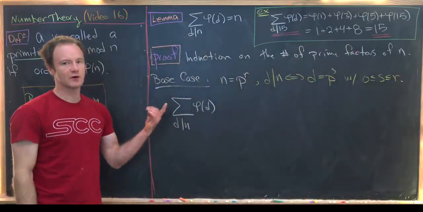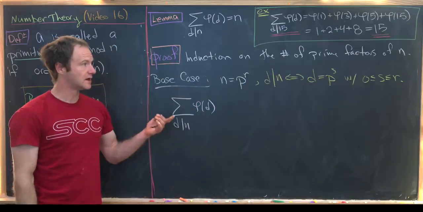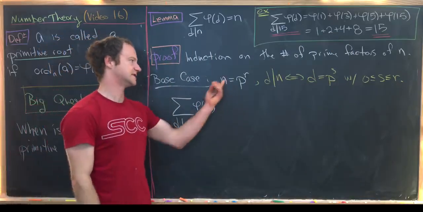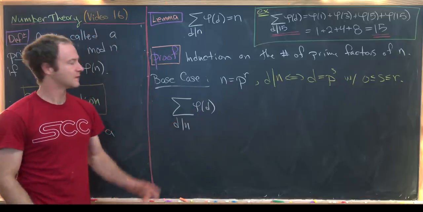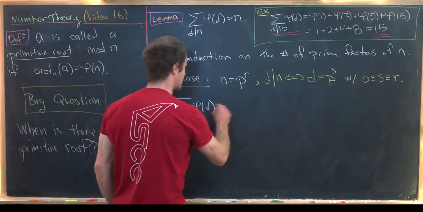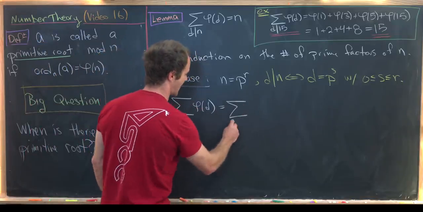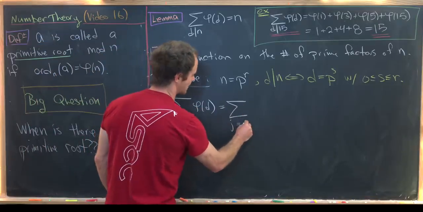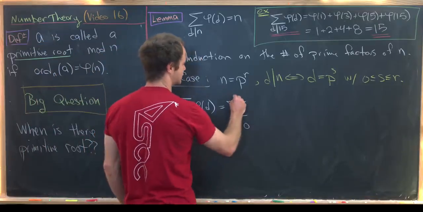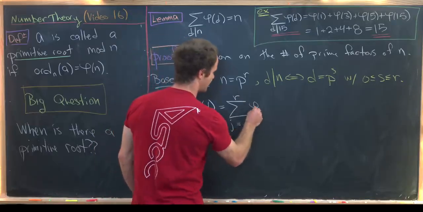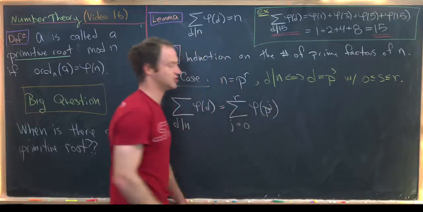If it's equal to 0, that's the divisor 1. If it's equal to r, that's the divisor which is the whole thing. Okay, but that means we can rewrite this as a sum as j goes from 0 all the way up to r of phi of p to the j.